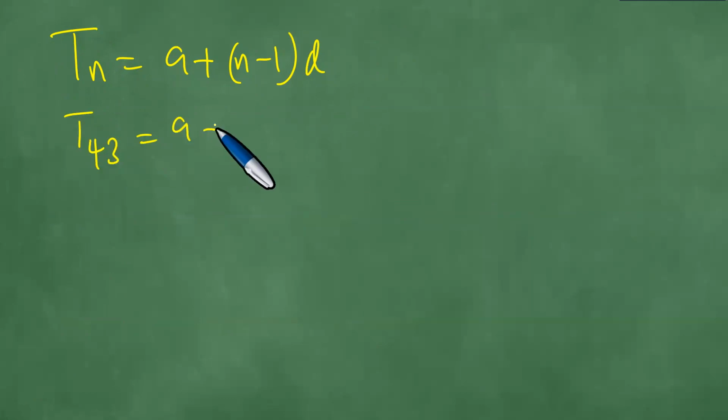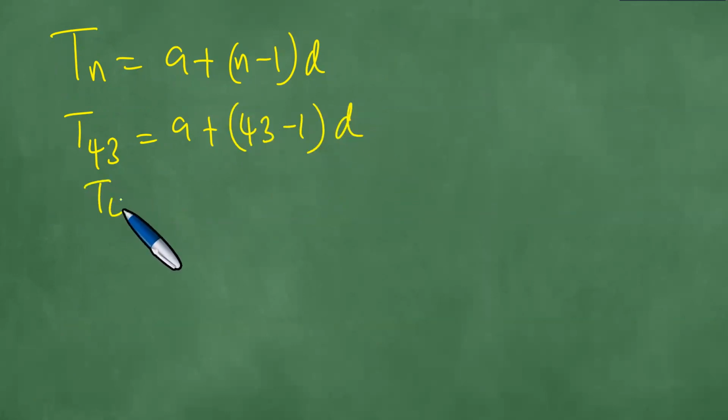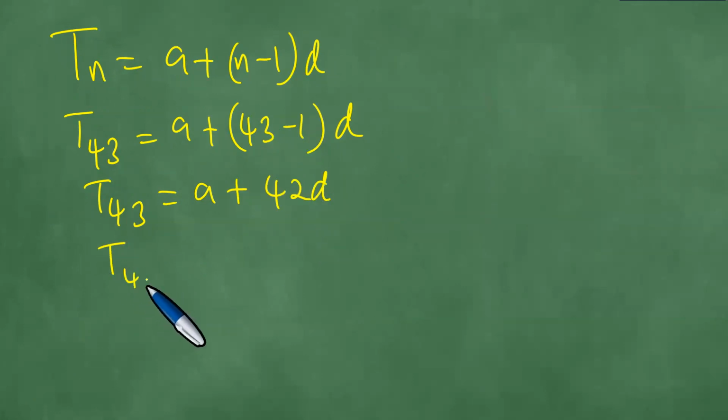Yeah, just checking if the answer is right. You have a couple of ways of checking. So you have a plus 43 minus 1, which is 42. You want to check if indeed the 43rd term is minus 51.